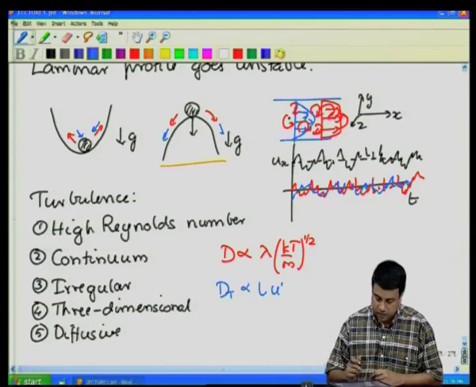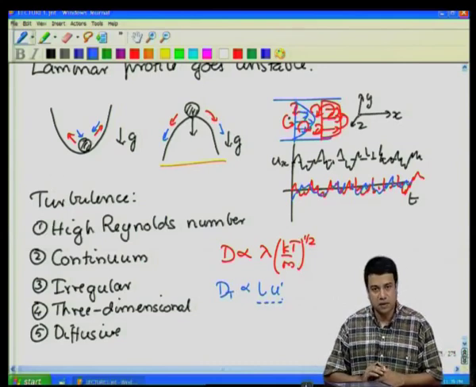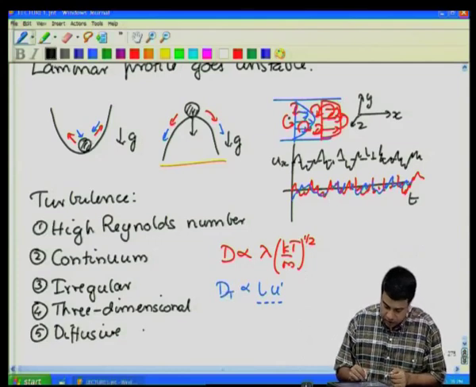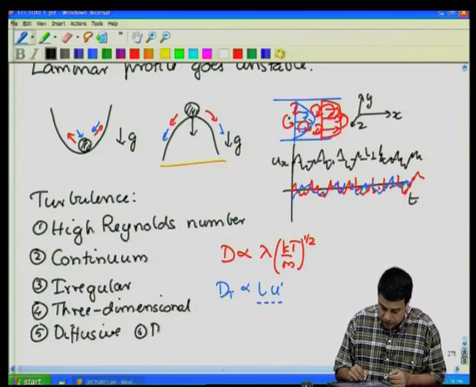Turns out that this is much larger than the molecular diffusion coefficient in a turbulent flow. And for that reason, turbulent flows are highly diffusive. The diffusion coefficient is much larger than the molecular diffusion. And associated with high diffusion is also high dissipation.